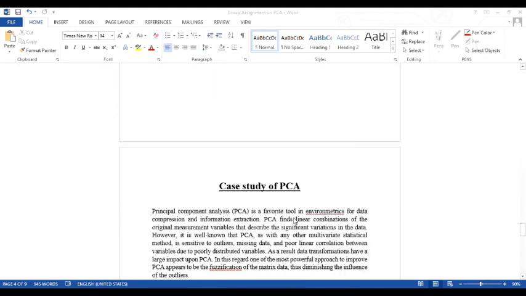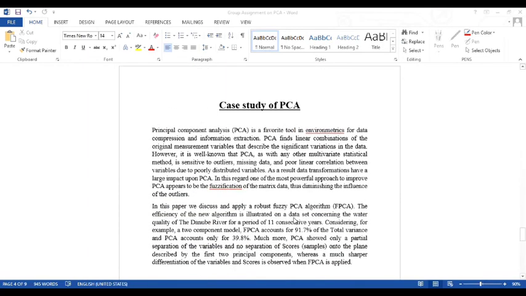Next, we read a case study of PCA by reading some research papers online about principal component analysis.